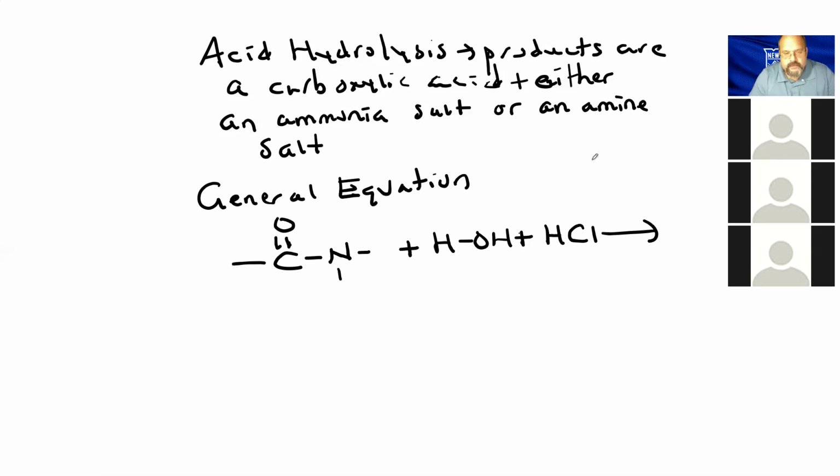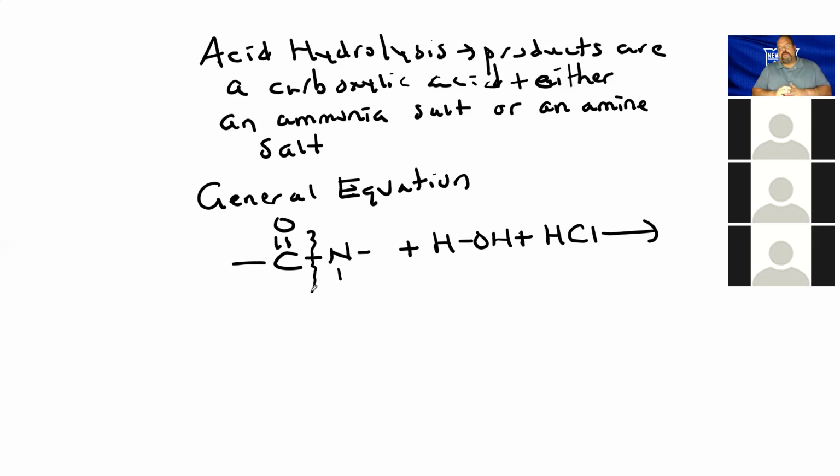For amides, there's a key bond as well. That key bond is the bond between the C double bond O carbon and the nitrogen. As we just did, that is the bond that results when amides are made. And as we'll talk about now, that's the bond that breaks when amides split apart.